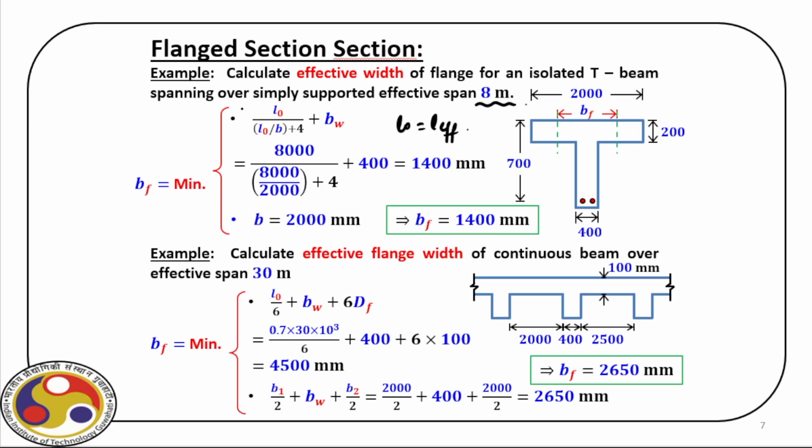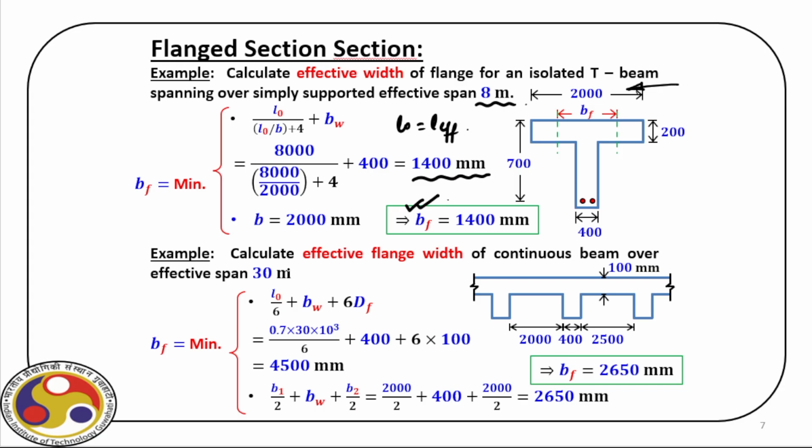So we find out the minimum of these two conditions. B is given, that is 2000 millimeter. And then we find out L0 by 4 plus BW, which is 1400 millimeter. So minimum of these two is 1400. So our B effective in this case is 1400 millimeter.